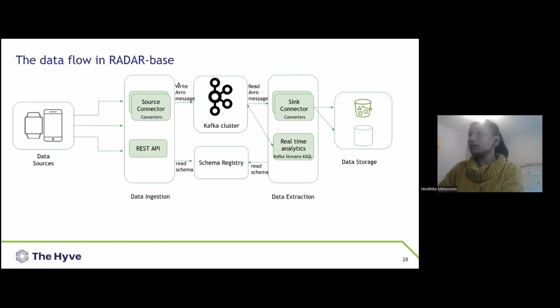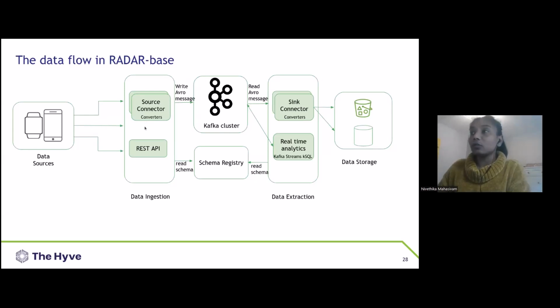So at last, this is the high-level data flow of the database. The data sources would be sending data to the platform using REST API or using connectors. Another good thing to know is that our architecture is mostly based on the Confluent ecosystem. So there's also the concept of source connectors and sync connectors.